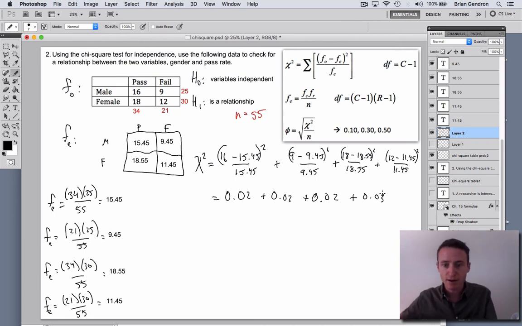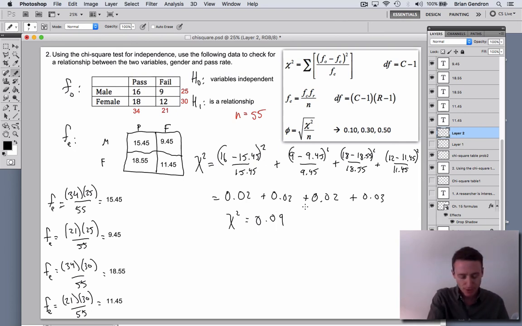So all of those together add to a test statistic of 0.09. Okay, now obviously that's extremely small, but where's the cutoff? Just like in the last problem, you need to identify your critical value of chi-squared. With the independence test, your degrees of freedom is slightly different because we have 2 variables to consider.